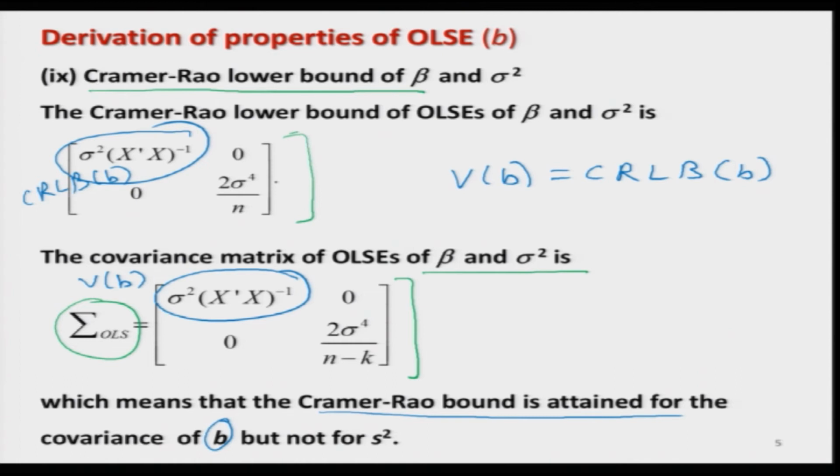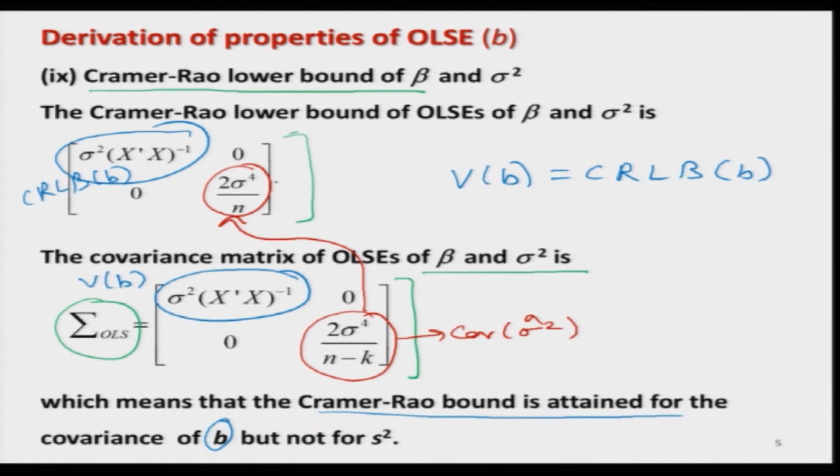So, you have a reason that B is going to give you a good value. But now, if you try to see the covariance matrix of sigma square hat, this is 2 sigma raised to the power 4 divided by n minus k, and the Cramer-Rao lower bound for this sigma square hat is 2 sigma raised to the power 4 divided by n.